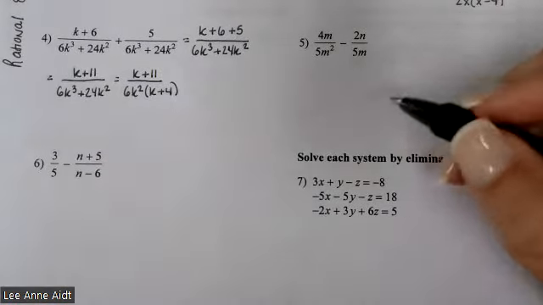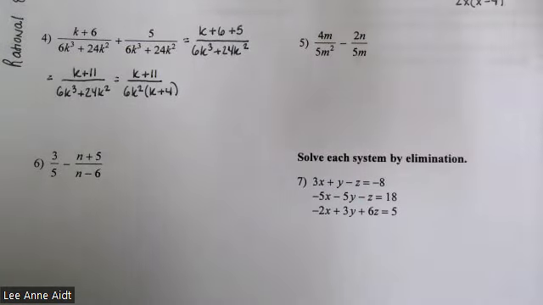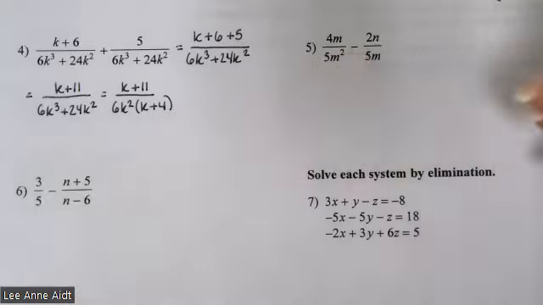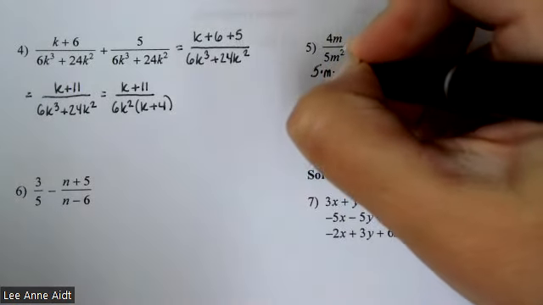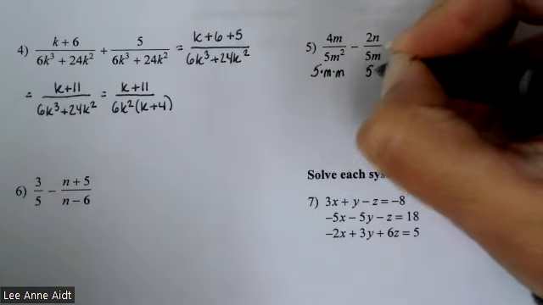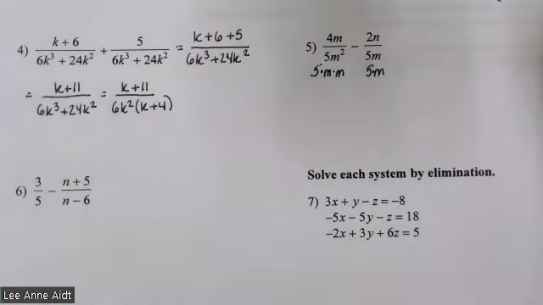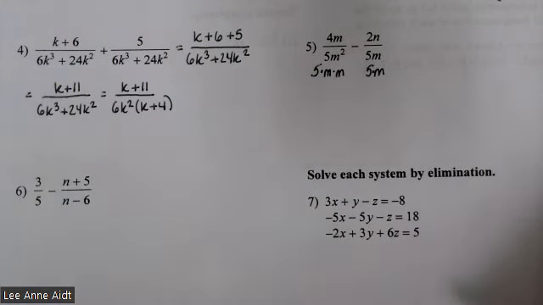Number 5. So number 5 is a subtraction problem that does not have a like denominator. This side has a 5 and an m and an m, and this side has a 5 and an m. Which fraction is missing something? Fraction 1 or fraction 2?